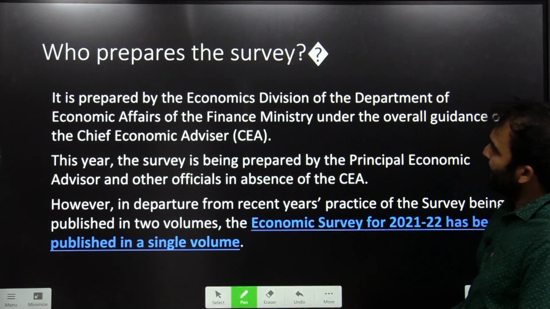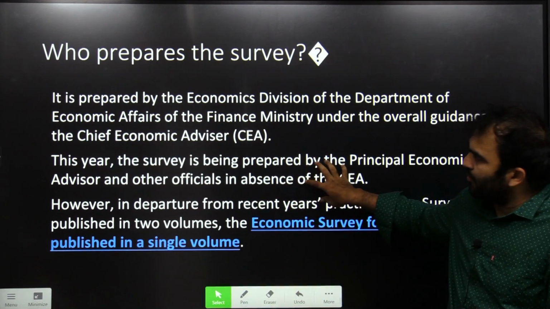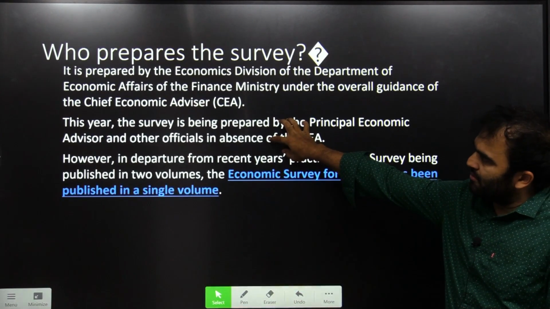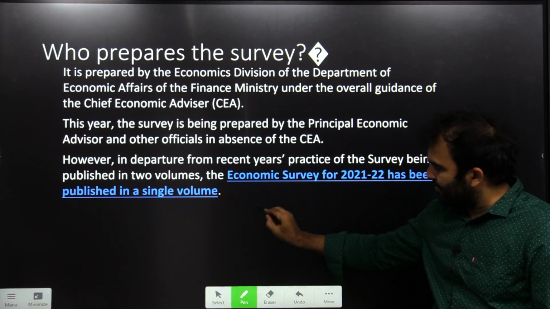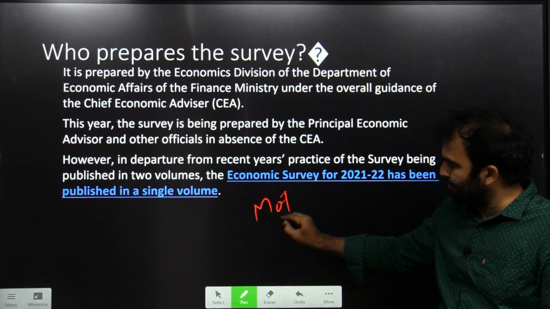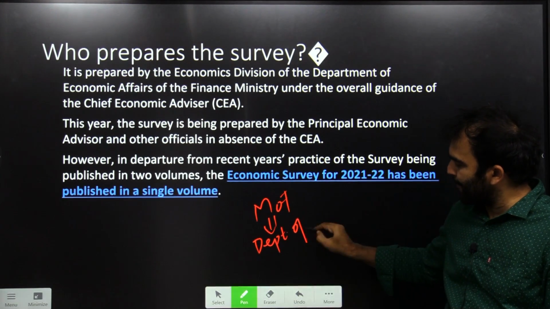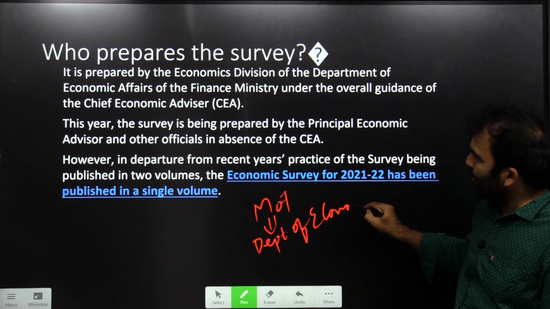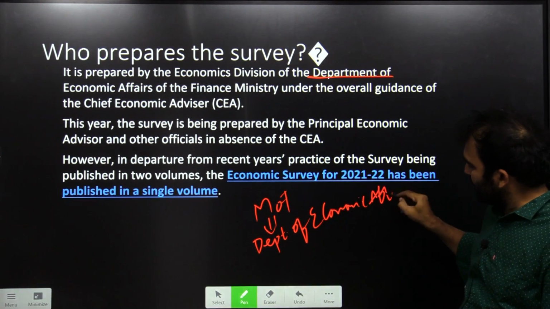Then, who prepares the survey? This is one of the important questions that you have to remember. Generally under the Ministry of Finance, you have the Department of Economic Affairs.